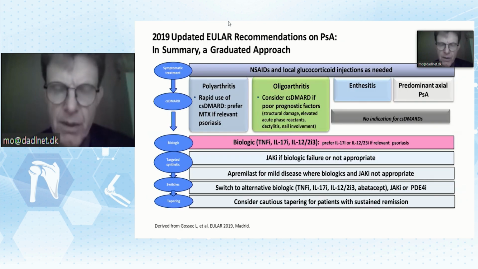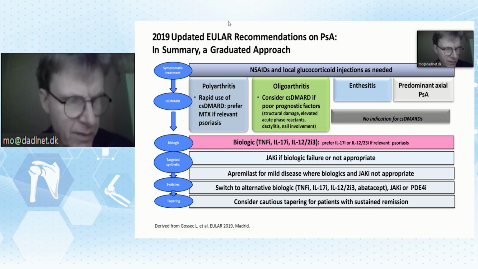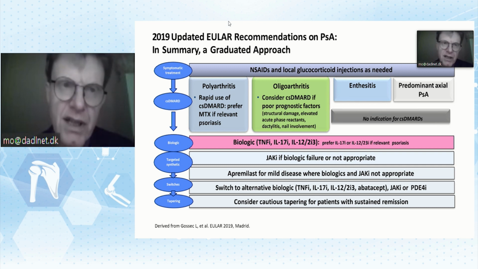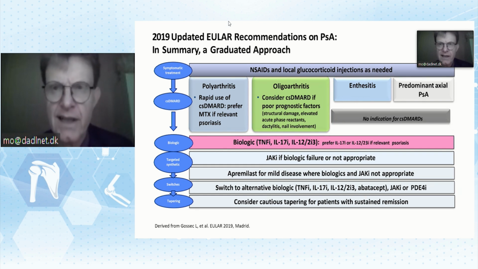So in summary, regarding the updated EULAR recommendations, it does say that you can use NSAIDs and local glucocorticoids according to the individual patient, but that the main therapy depends on what disease manifestations you have. Is it polyarthritis, oligoarthritis, enthesitis, or axial disease?